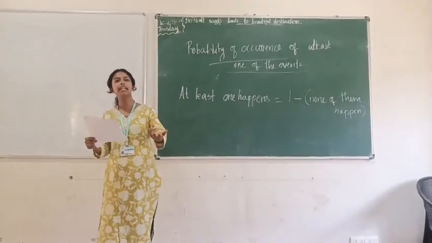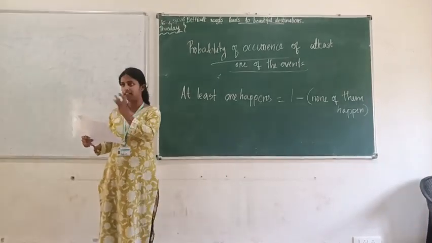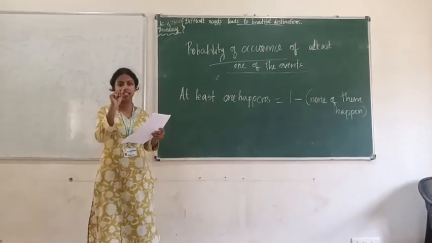If we toss it a number of times, like 3 times, that is the trial number, which we can denote by the symbol n.